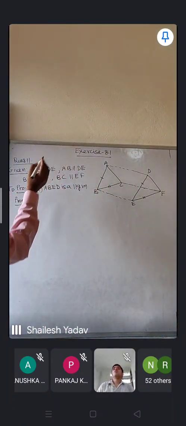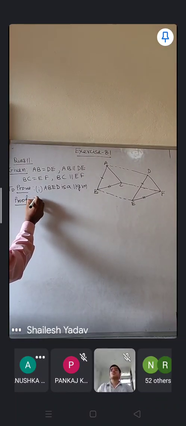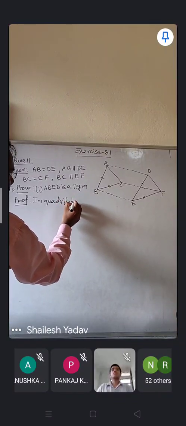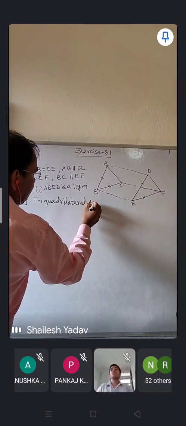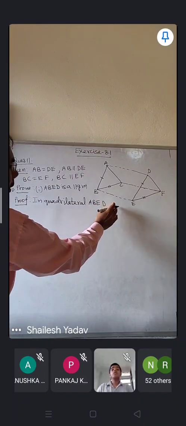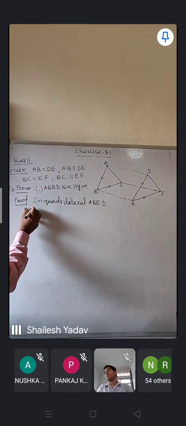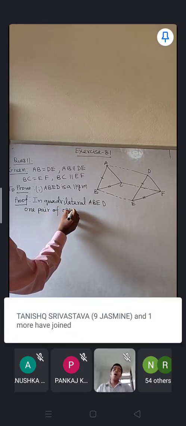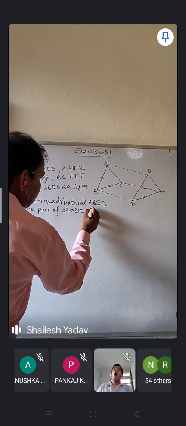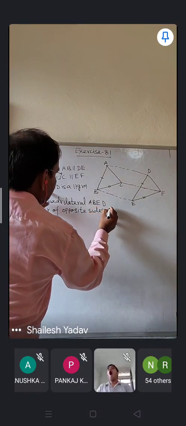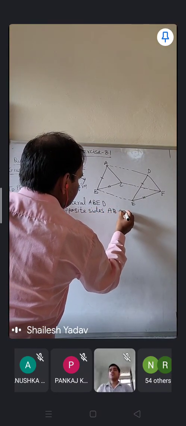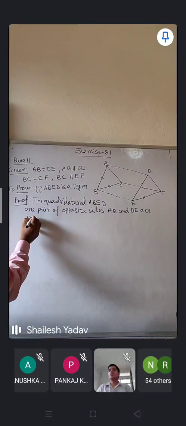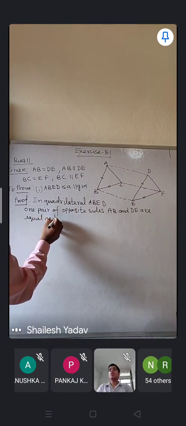Here the statement you will write: in quadrilateral ABED, one pair of opposite sides, AB and DE, are equal and parallel.